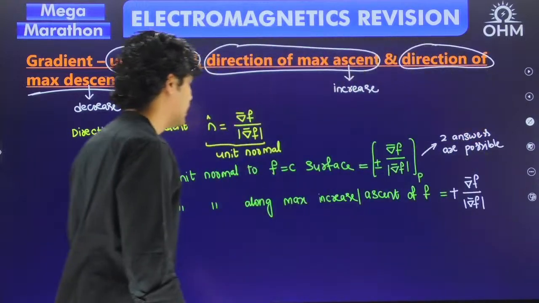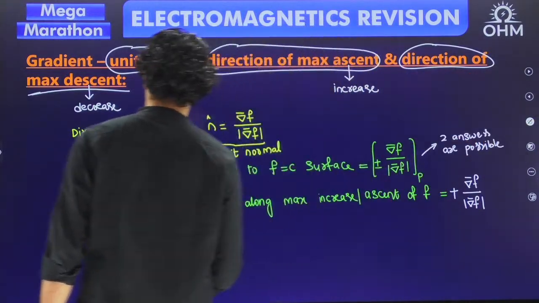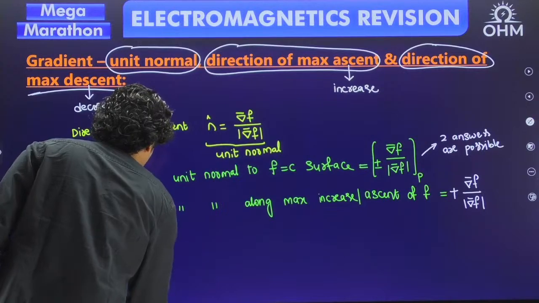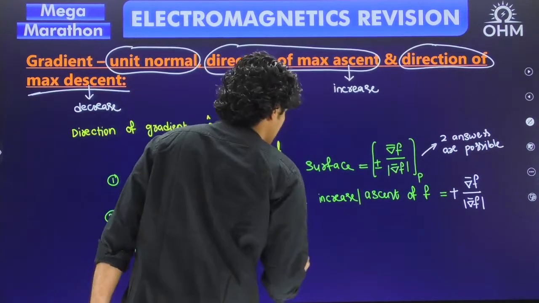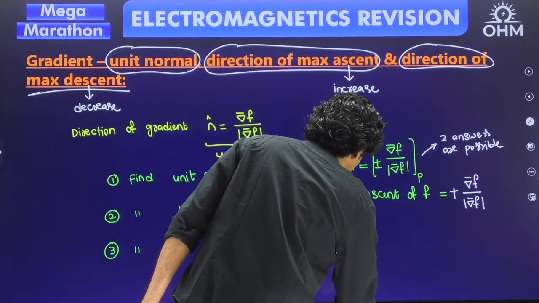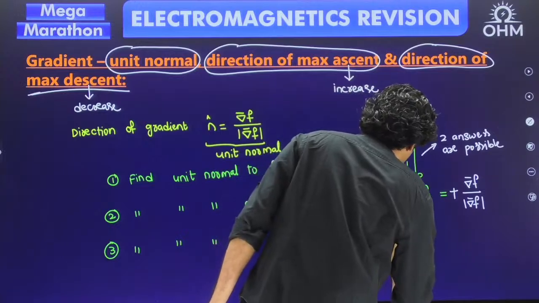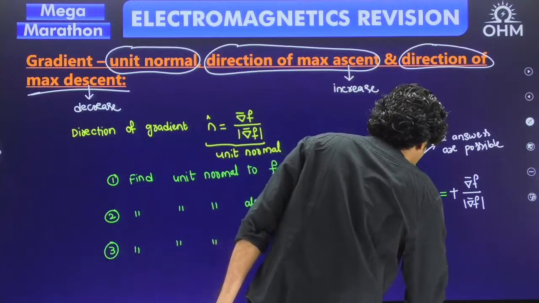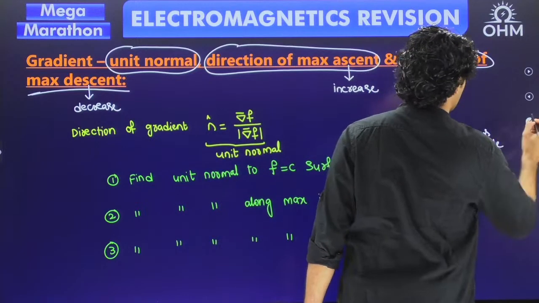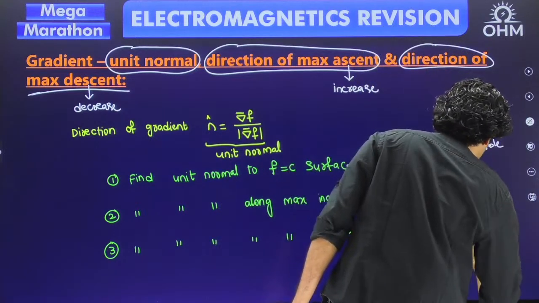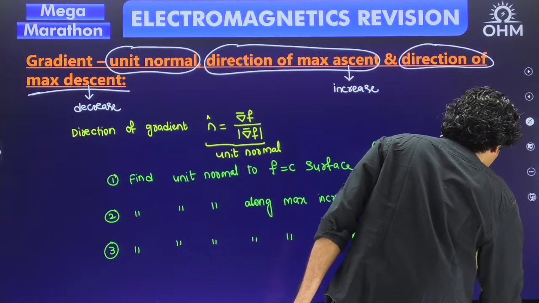And if the question is all about maximum descent, let's say the third case, find the unit normal along the direction of maximum decrease, or descent, of the function f. Now this is minus gradient of f divided by the modulus of gradient of f.